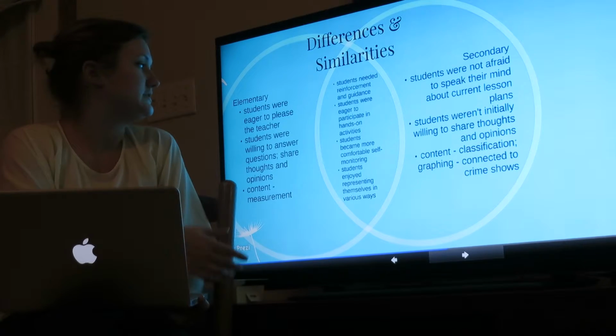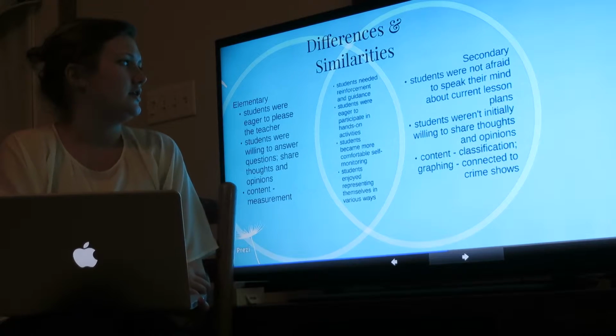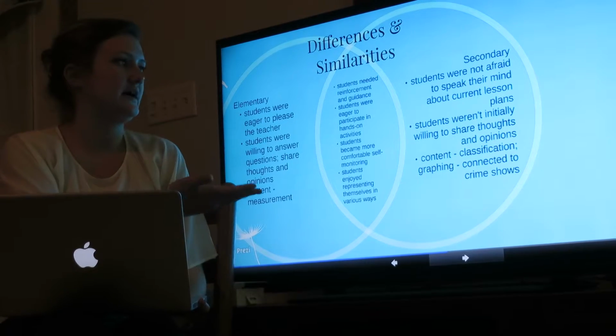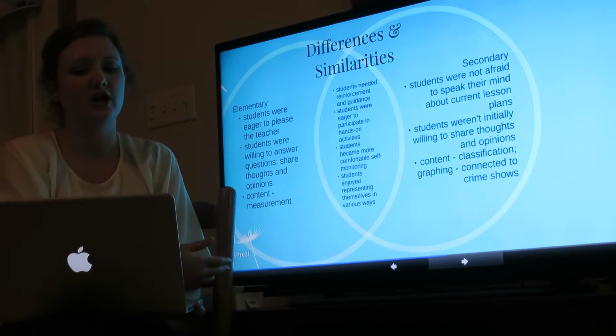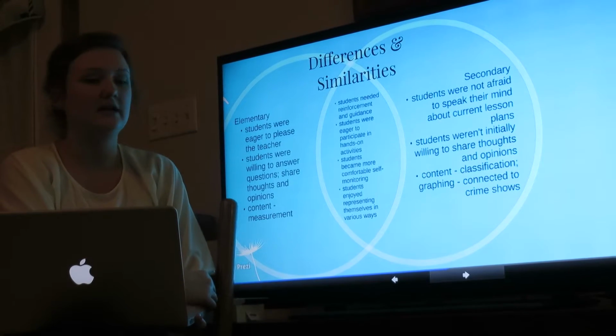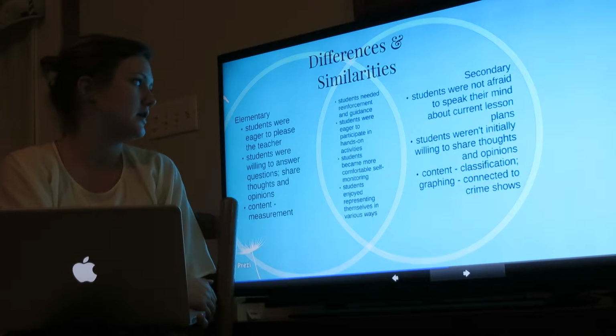The content was different, obviously. Some of the similarities: students needed reinforcement and guidance, and I worked at the secondary level with a self-contained class, and the elementary level was a kindergarten class, so both of these groups of students needed a lot of probing and a lot of guidance and reassurance.